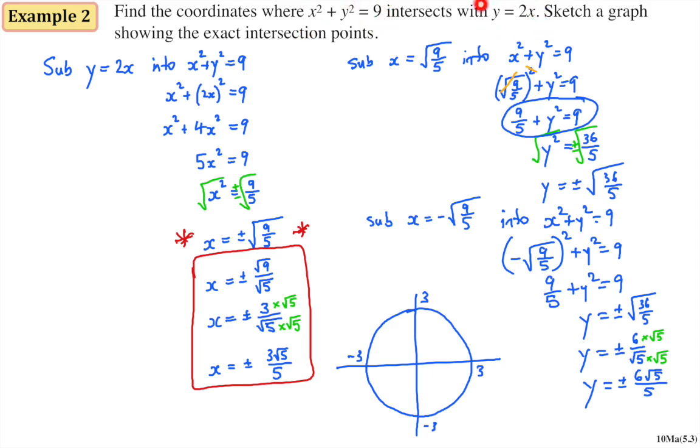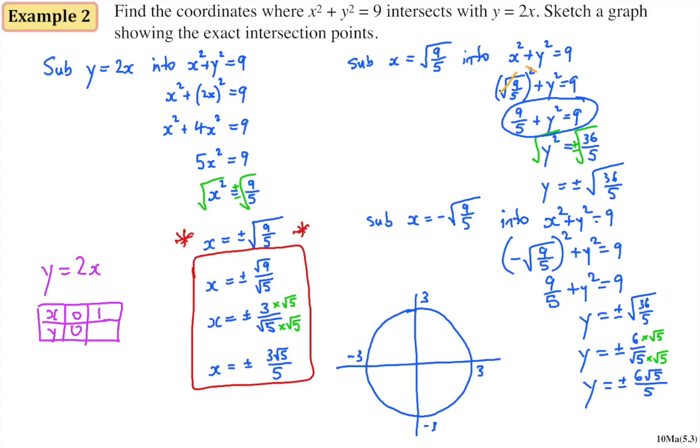What does the line y equals 2x look like? Now, I can draw it quickly, but if you're not sure, this is what I'm thinking of when I draw this. I'm just quickly doing a table of values. If I let x equal 0, 2 times 0 is 0.